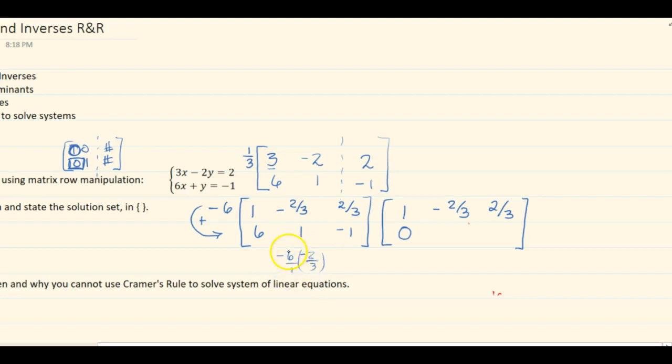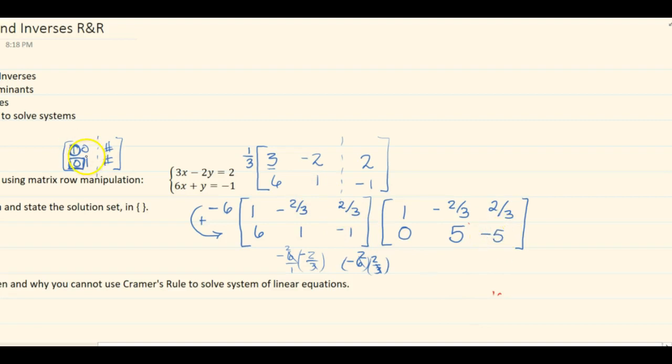We can see that that simplifies to +4, and I add it to the 1, I get 5. Then I'm going to multiply -6 times +2/3, and again we can see that we're going to get -4, and we're going to add it to this number here, so I'll get -5.